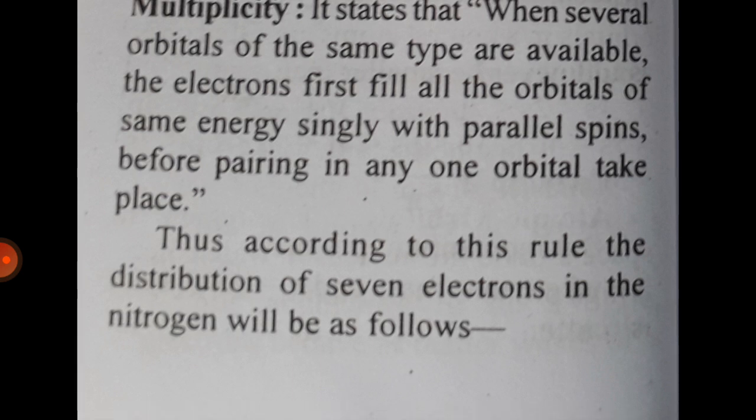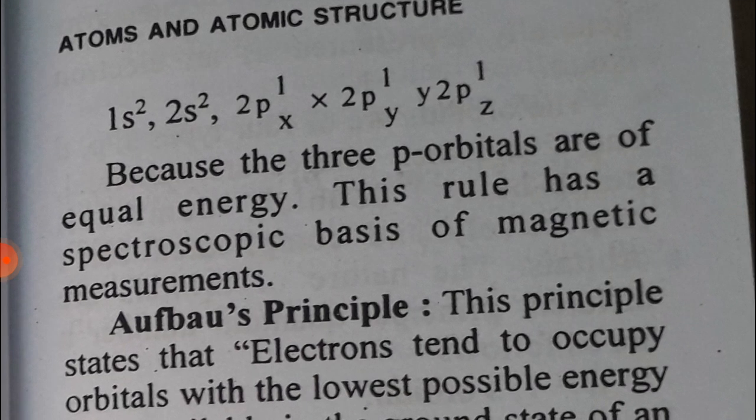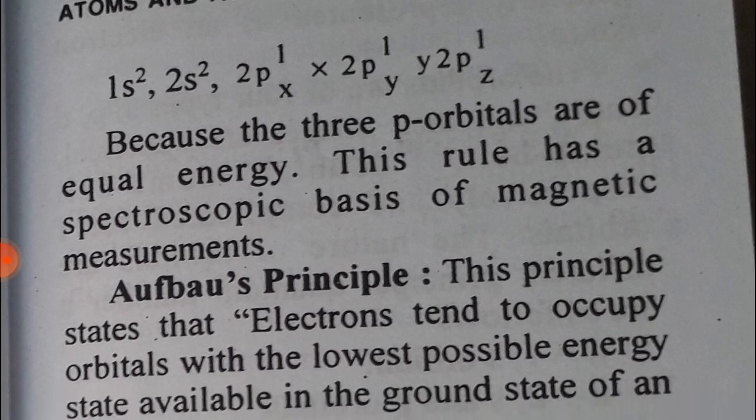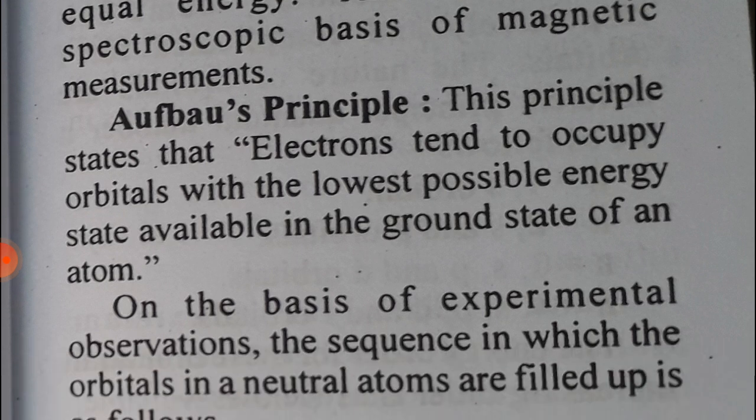Thus, according to this rule, the distribution of 7 electrons in nitrogen will be as follows: 1s2, 2s2, 2px1, 2py1, 2pz1. Because the three orbitals are of equal energy, this rule has a spectroscopic basis of magnetic measurement.